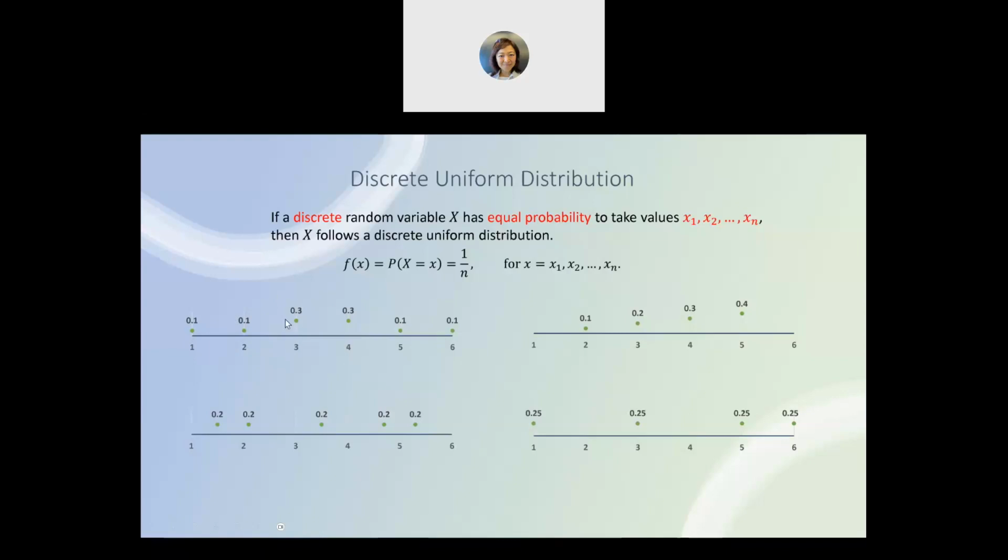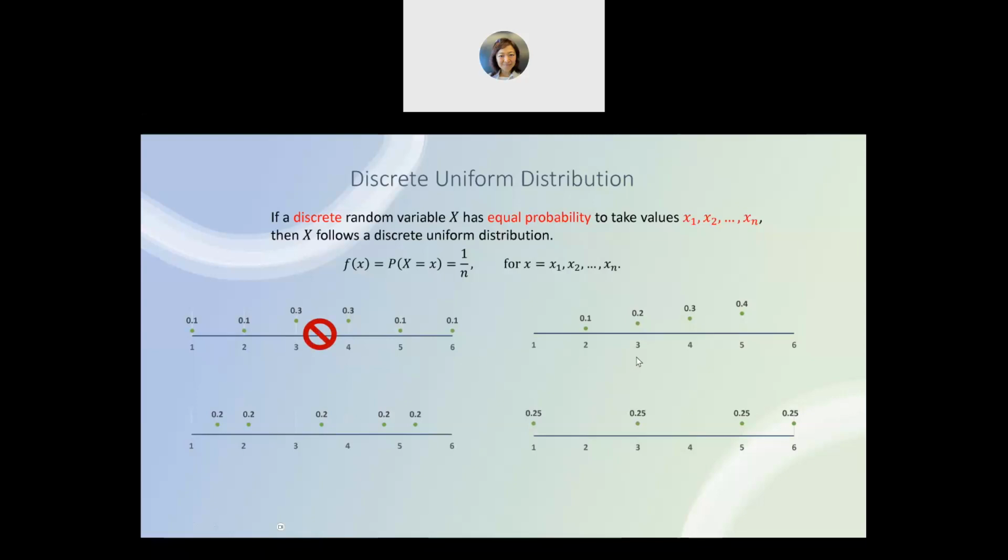Right? Add all these probabilities up, you have to get 1. The conclusion here is, if this x does not have the same probability to be these 6 values, then x is not uniformly distributed on the 6 values. So it's not a discrete uniform distribution.